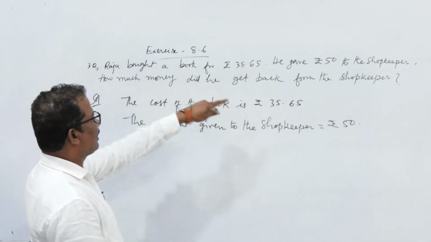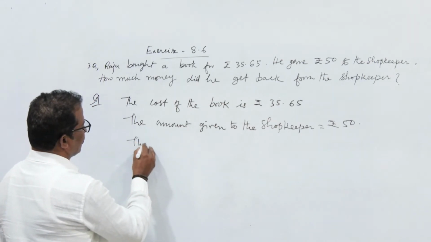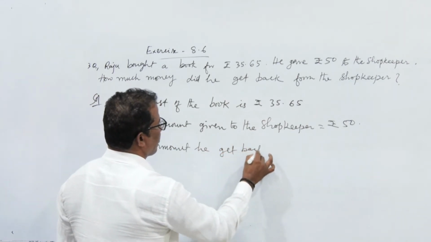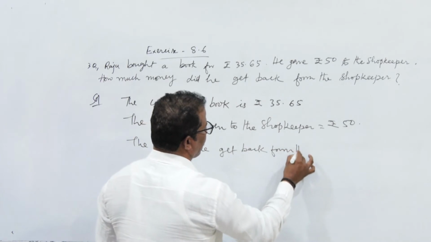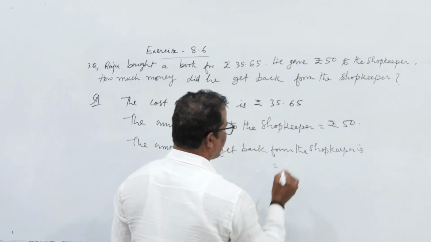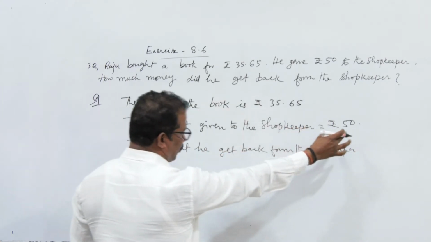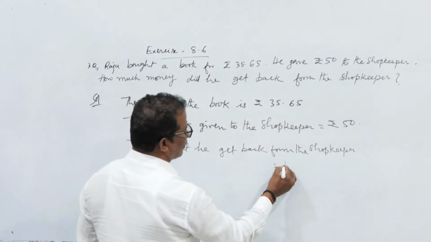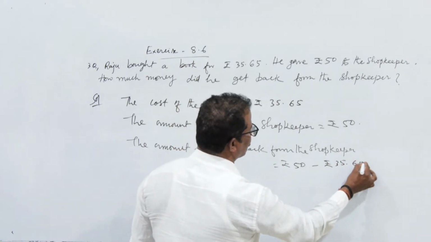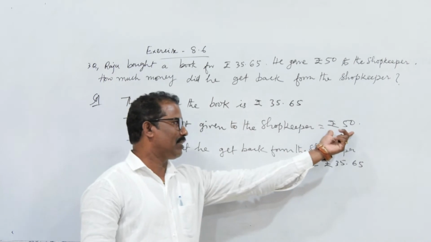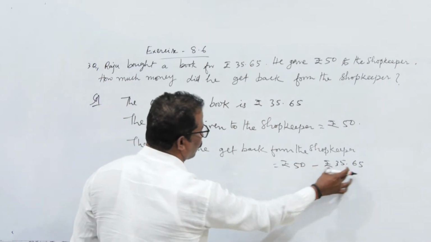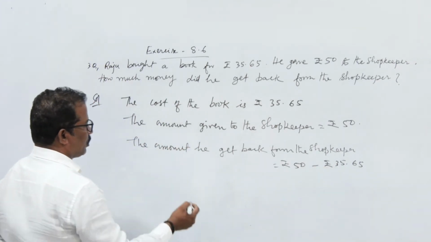So the amount he gets back from the shopkeeper is equal to, from this rupees 50 we have to subtract the cost of the book. That is rupees 50 minus rupees 35.65. Understand? Because what he has given, the amount is bigger than the cost of the book. That means we have to subtract the cost of the book from the amount he has given, that is the 50 rupees note. So how can we subtract?